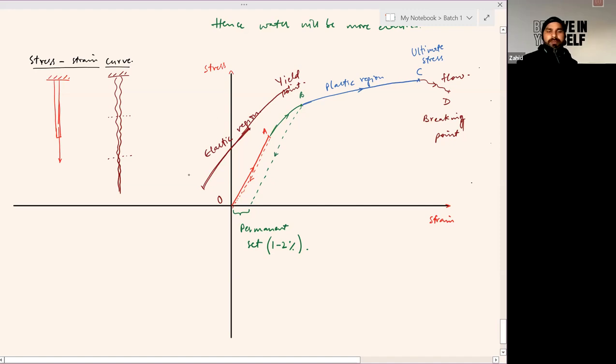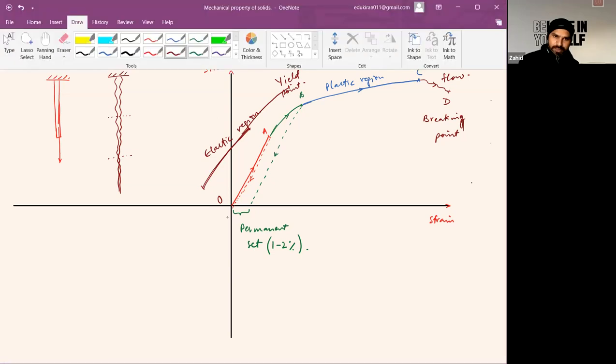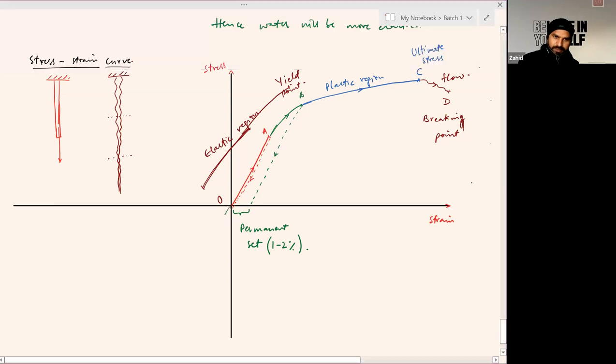Similarly, if you compress this object, it will follow the same curve, but in the opposite direction. First it reaches point A, then B, then C, and starts flowing, and at some point D, it may fracture.